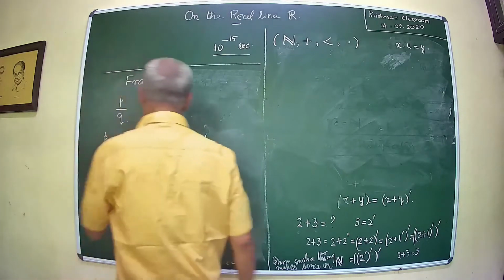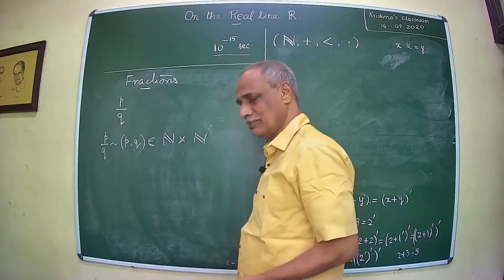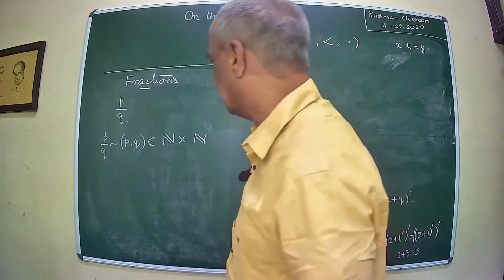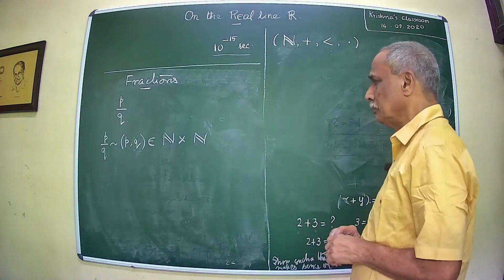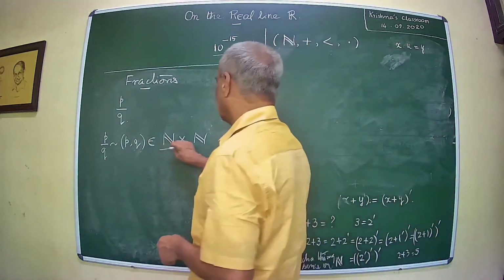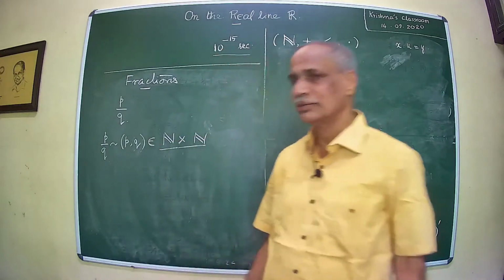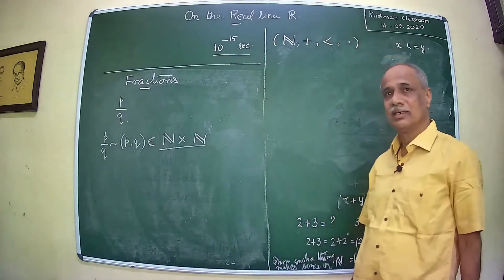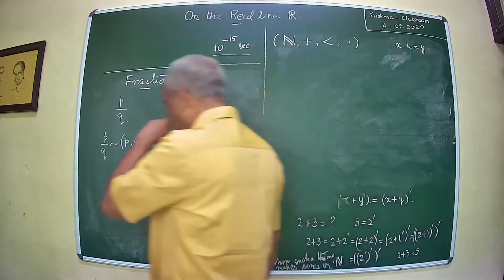We have not introduced 0 at all. So you consider N cross N. Every element of N cross N is now considered as a fraction.